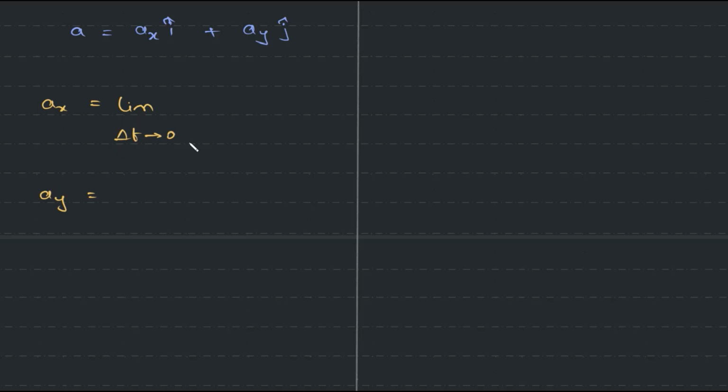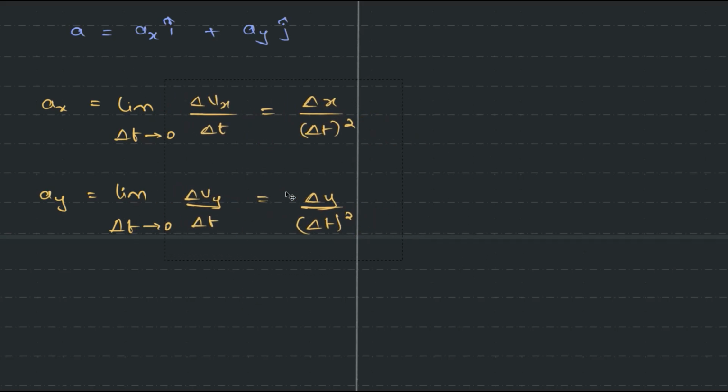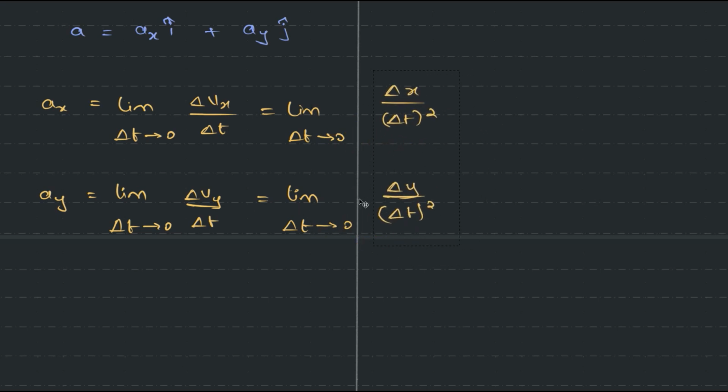All that is happening is things are becoming instantaneous. That is, time interval is reducing to 0, and everything else remains the same. Even this remains the same, right? Limit delta t tending to 0 over here, and limit delta t tending to 0, and we have this. So that would give us your ax and ay.